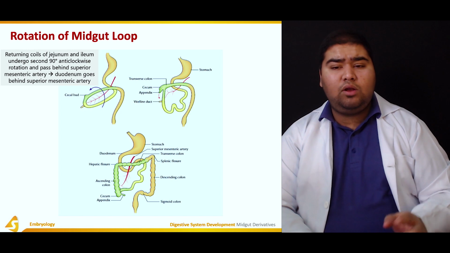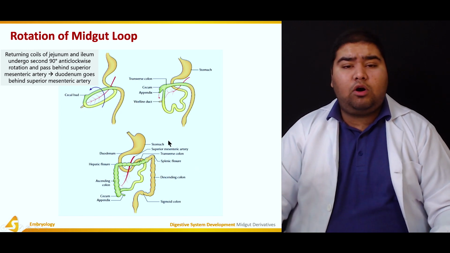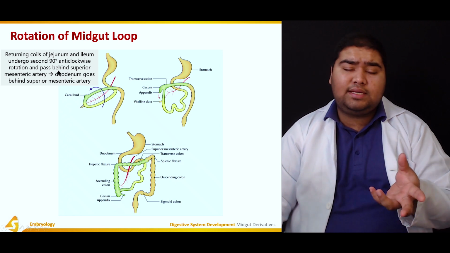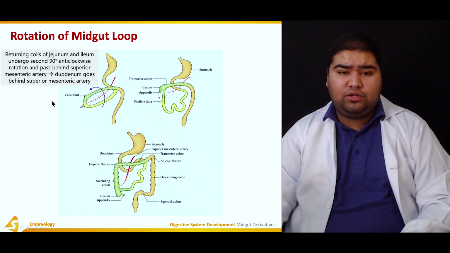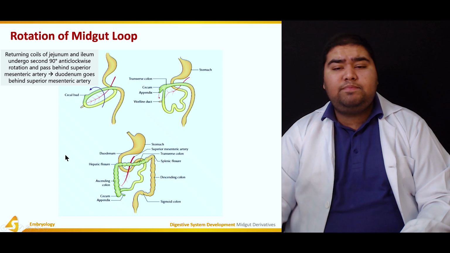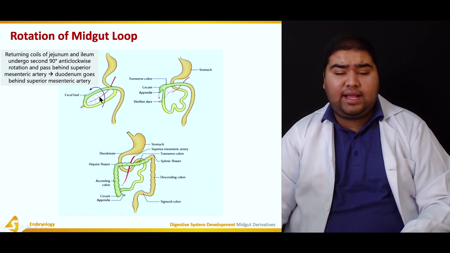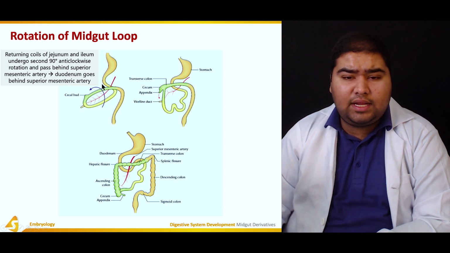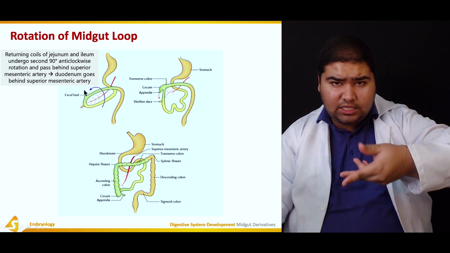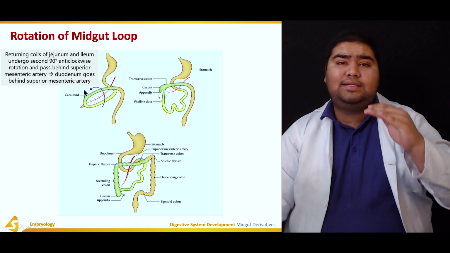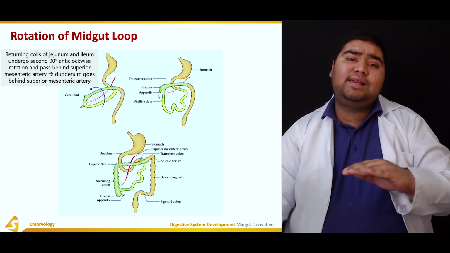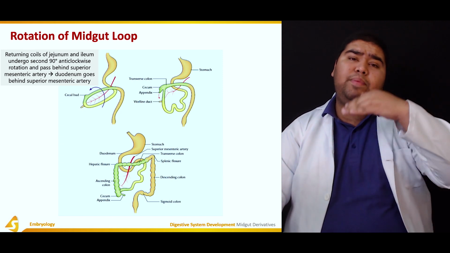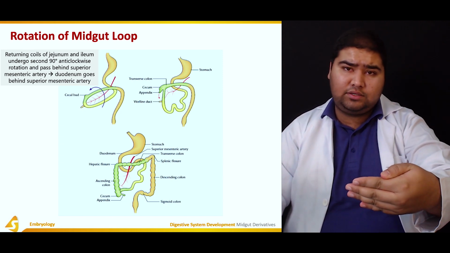These returning coils of duodenum and ileum undergo a second 90-degree anti-clockwise rotation, and they pass behind the superior mesenteric artery. Initially they were lying on the right side of the superior mesenteric artery; now they come to lie behind it.